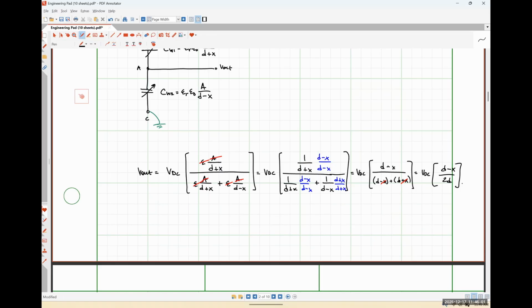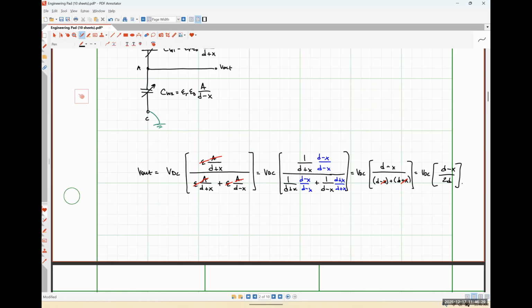So if we have a large change in position, we're going to translate into a large change in our output voltage. When X is equal to 0, this is just going to be half the DC voltage, right? As these plates move further apart, this is either going to get larger or smaller so that we can see whether or not the position changed. And the size of our voltage is related to that change in position.